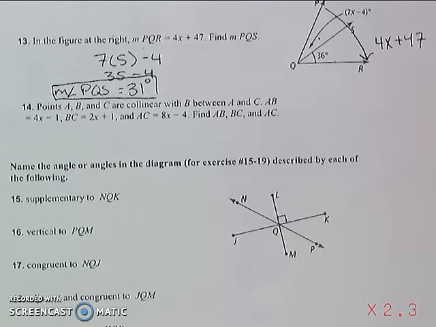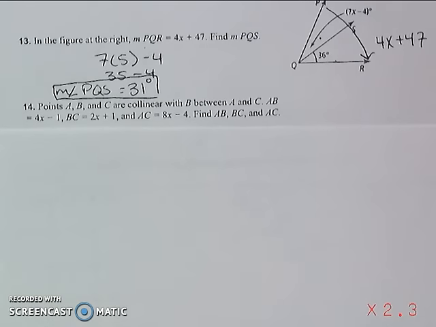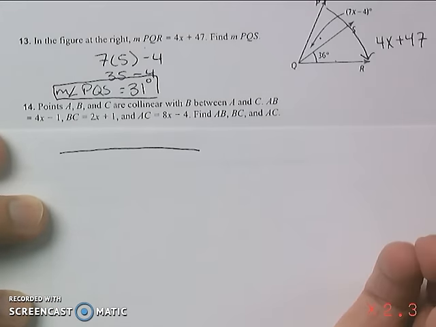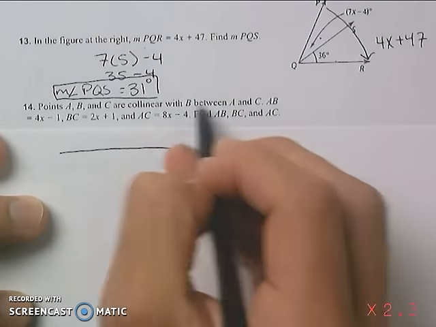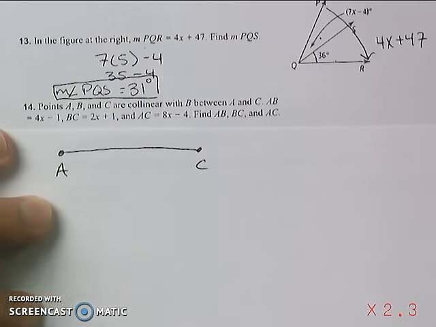Okay? Alright, this next one, we're going to again have to draw a nice picture. We know that they're collinear. That means we have 3 points on the same line. So I have a line, and we're going to get A, B, and C, and B is going to be between A and C. So I know A and C have to be my endpoints. B is somewhere in the middle.